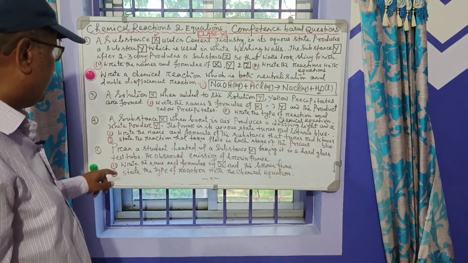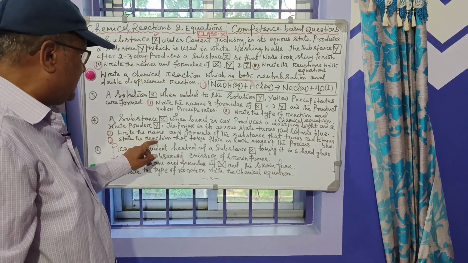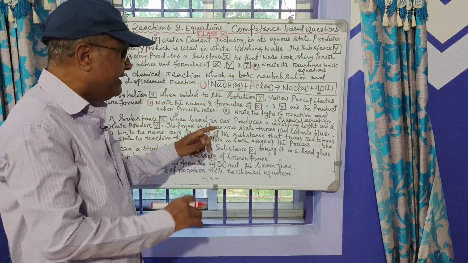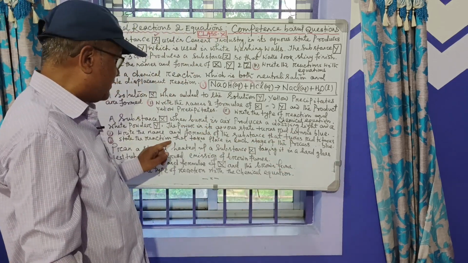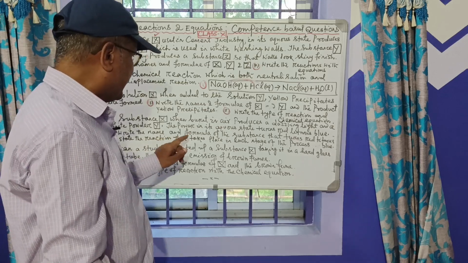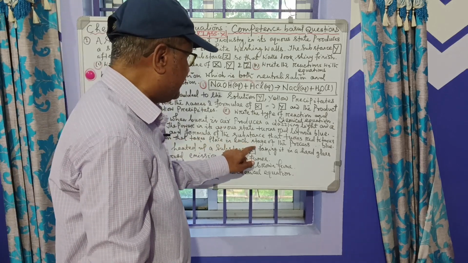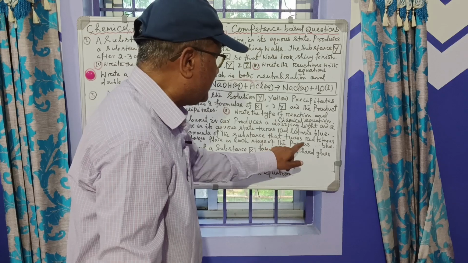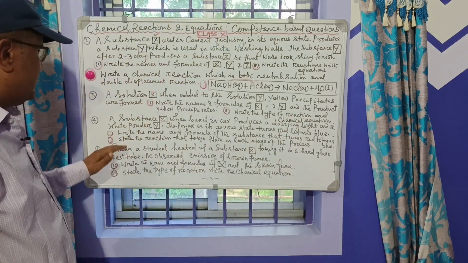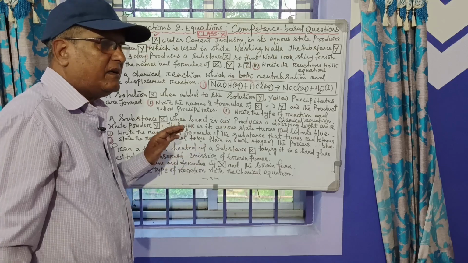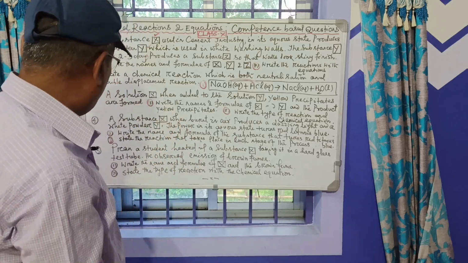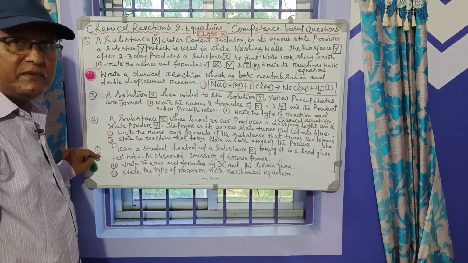Next, bit 2. State the reaction that takes place in each stage of the reaction process. So this is a very good question, and this question was indirectly set in your CBSE. So come to the last one.